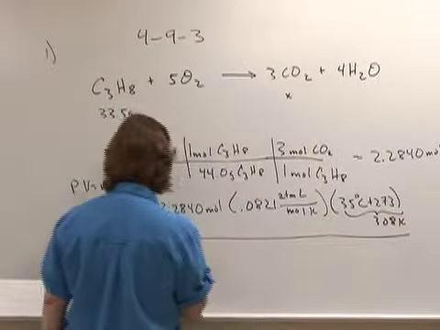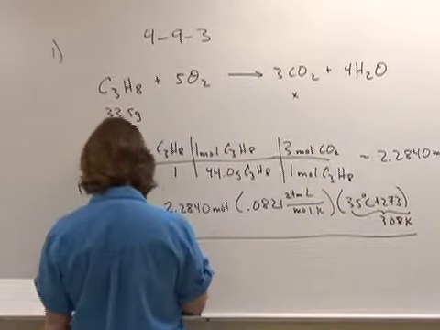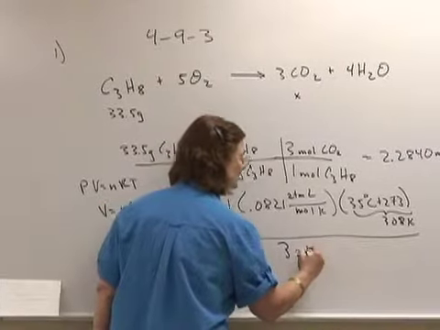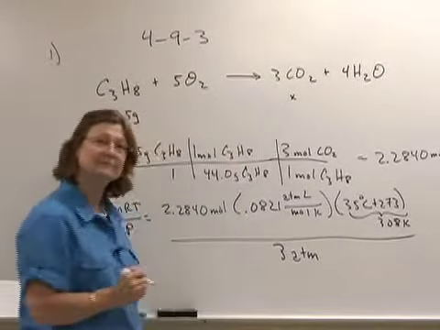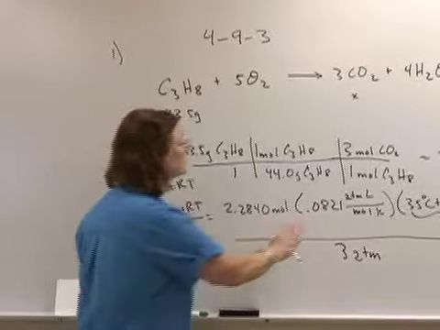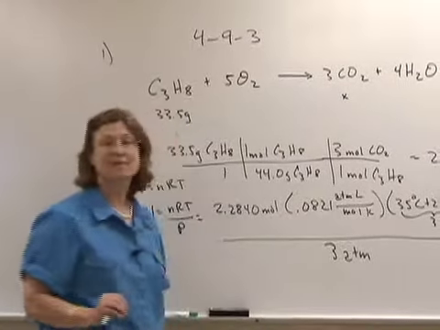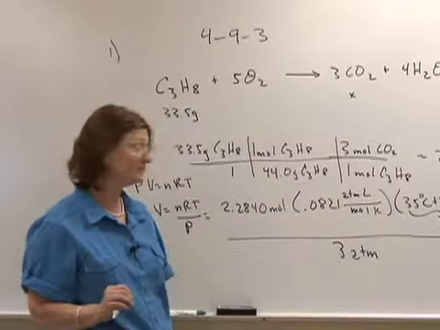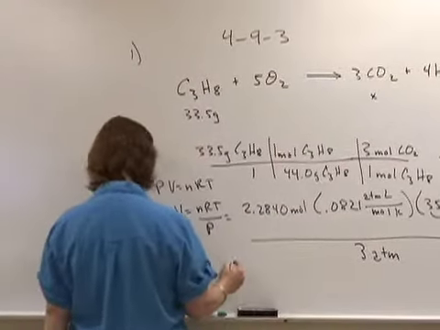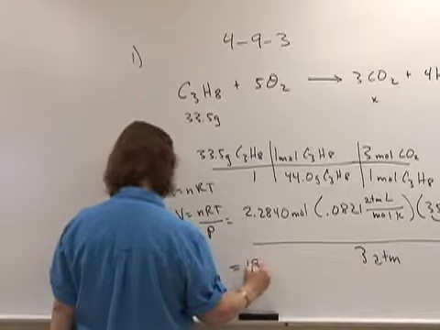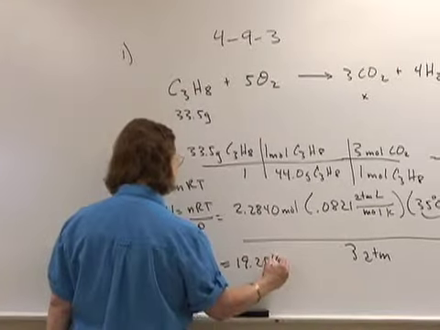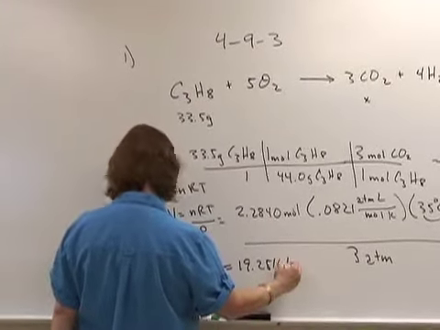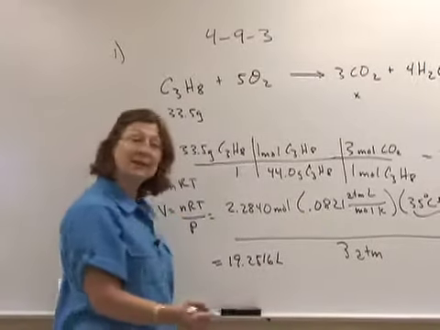Then I divide it by the pressure, and I'm given a pressure of 3 atmospheres. The constant is very important to have. It is not standard pressure. It is a constant that we solved for. And when I do the math here, I get 19.2516 liters, and I'm asked for milliliters.